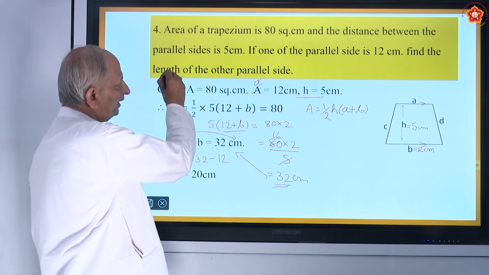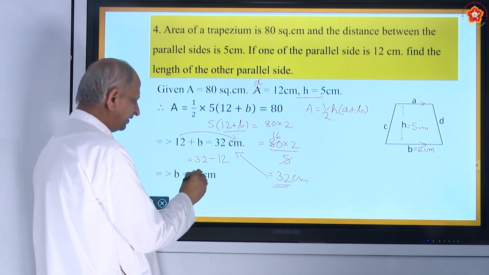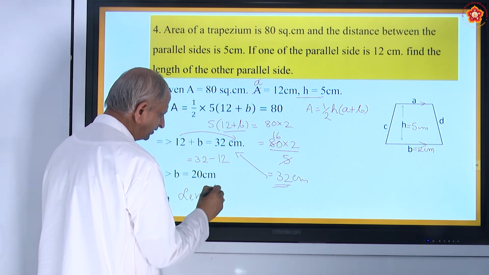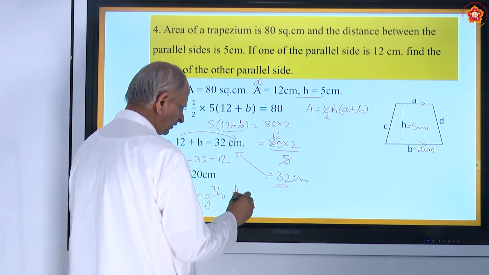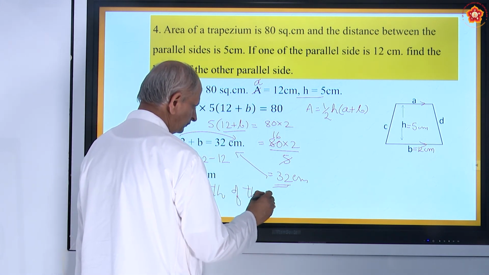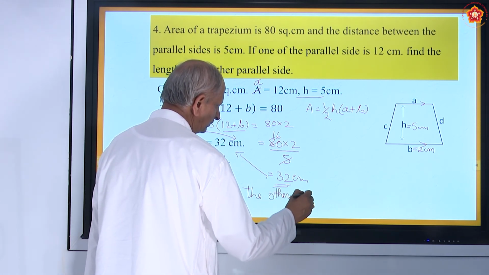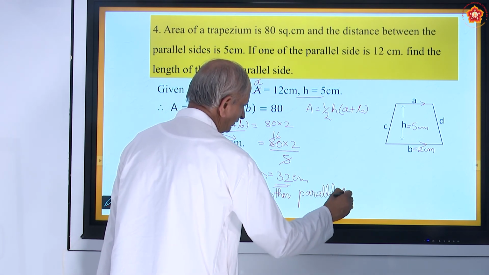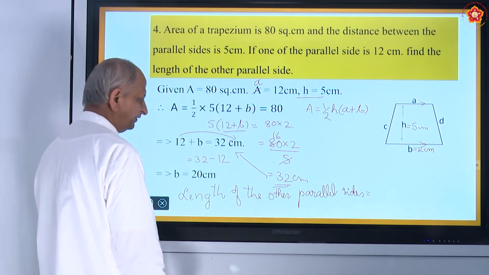They are asked to find out the length of the other parallel side. So the length of the other parallel side, that answer you must write, half mark for that. As you know, a trapezium has one pair of parallel sides.